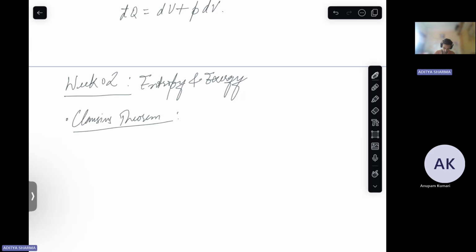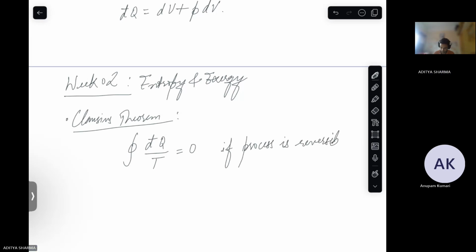It says that your cyclic integral of dQ by T will be zero if the process is reversible. Okay. So this is your Clausius theorem, right?